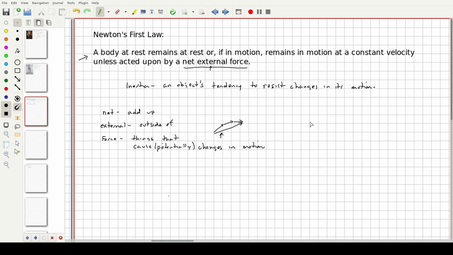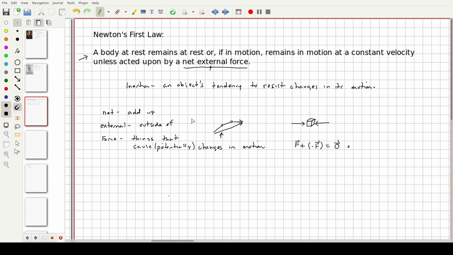So you can imagine a situation where you have an object like a box or something like that, and you push on this side and on this side with exactly the same amount of force, but just in opposite directions. Well, if you remember vector addition, if you take a vector and you add the negative of the vector to it, you end up with the zero vector, or zero. So in this case, you have forces that have added up to cause no net external force, even though individually they're non-zero.